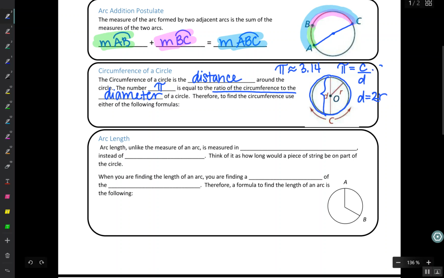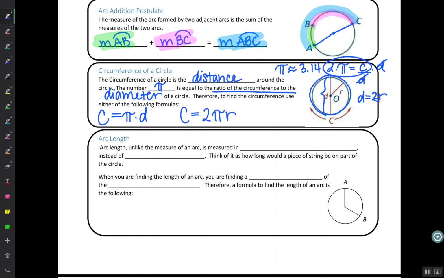So if you multiply this equation by the diameter, you get one of our formulas. The circumference is pi times the diameter. Or if you use radius, it's 2 times pi times the radius. The 2 and the r are the d, the diameter. So that shouldn't be too new to you. You should probably have seen that before.